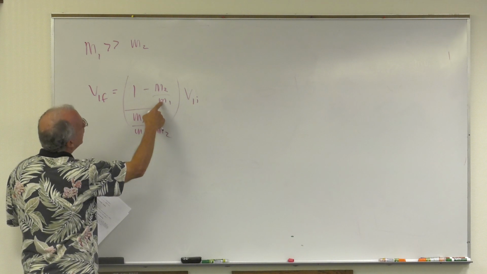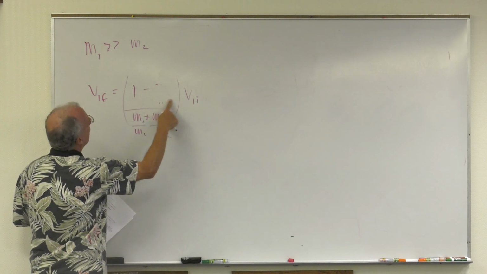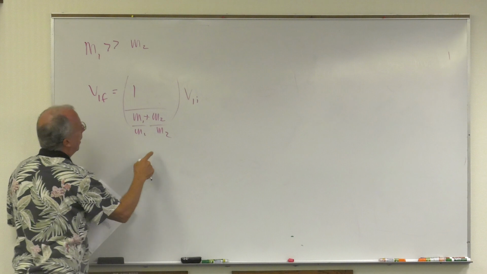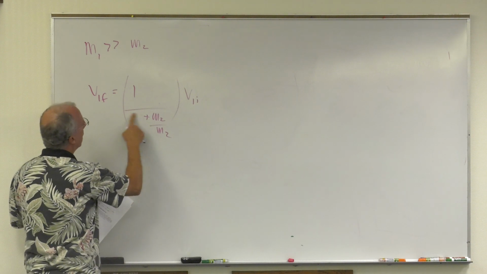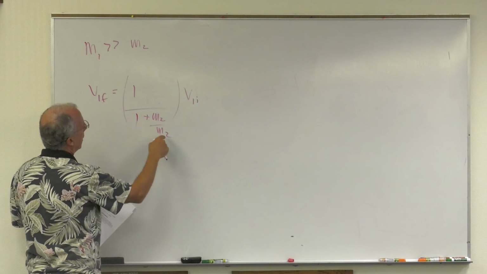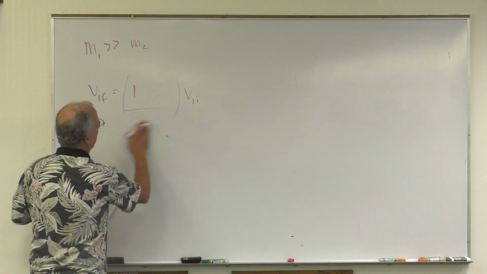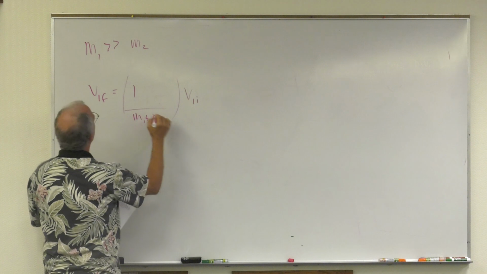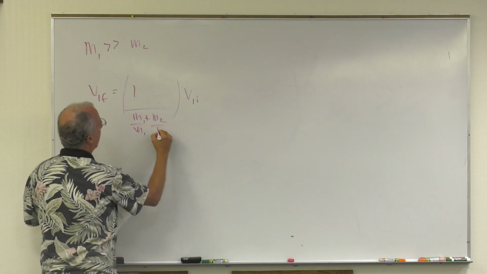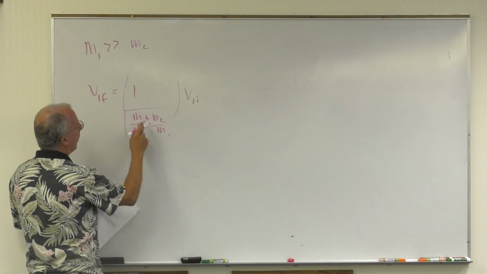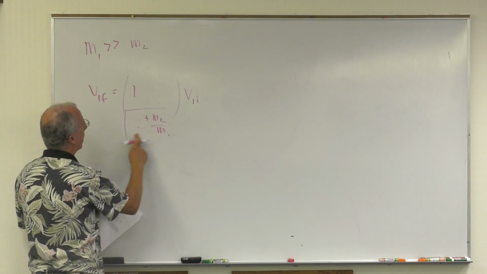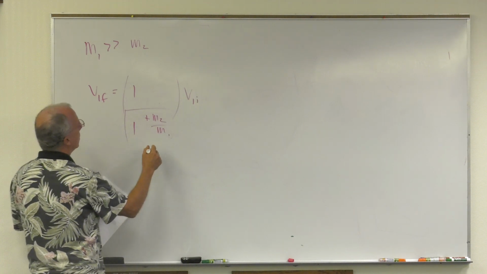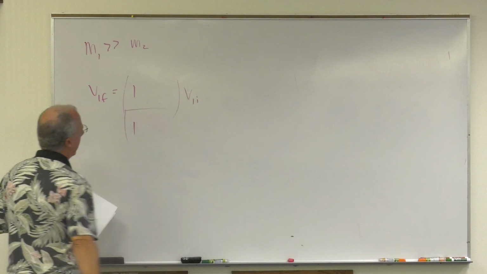This is tons bigger than that, so that's 0. Wait, what did I do? Sorry, M1 plus M2 divided by M1. Okay, M1 over M1 is 1, and M2 over M1 is 0. So we just get that.